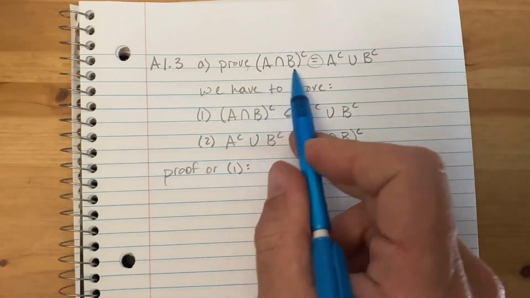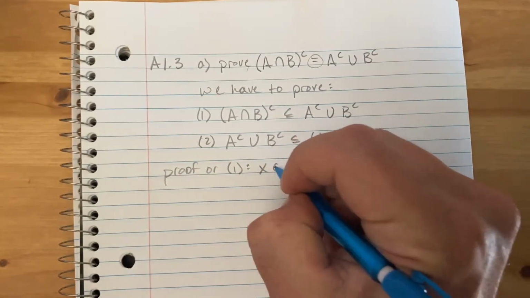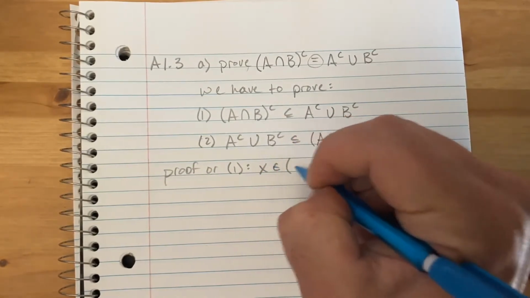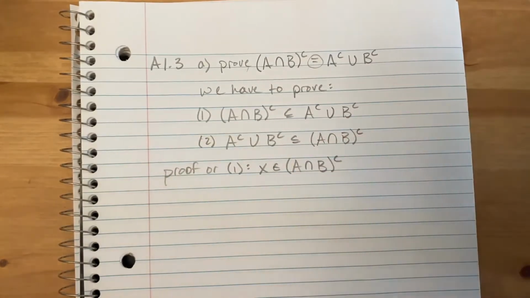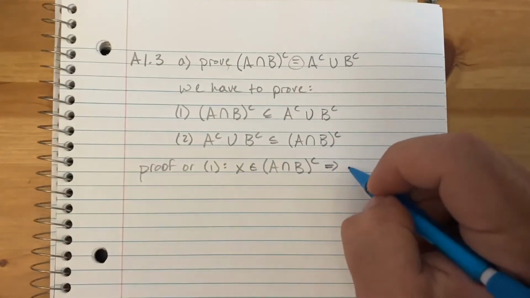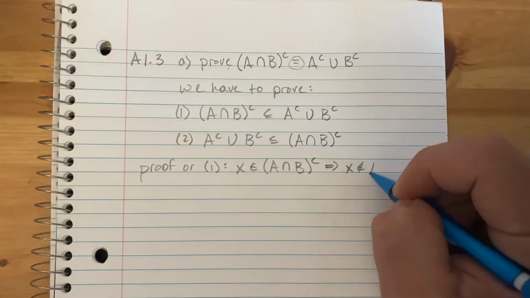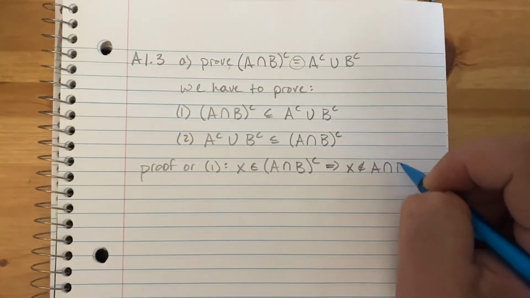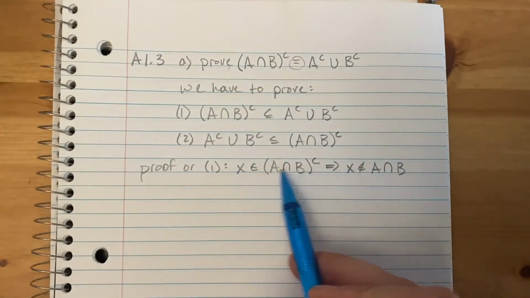Okay, so first of all, we're going to start with letting some x be an element of A intersect B complement. And if that's true, that implies then that x is not an element of A intersect B. That's basically the definition of a complement.